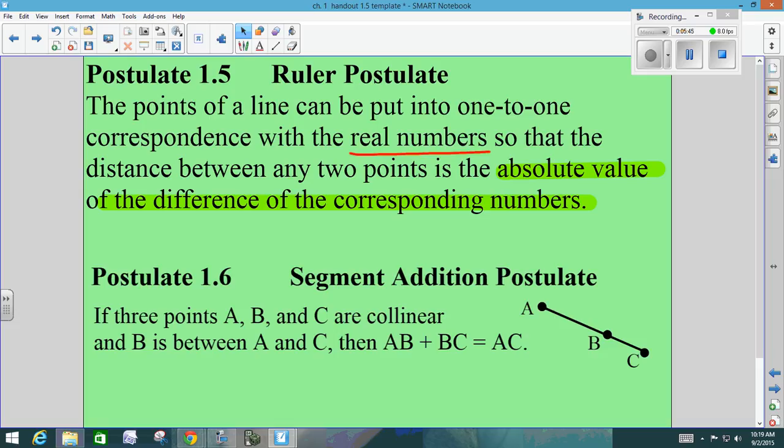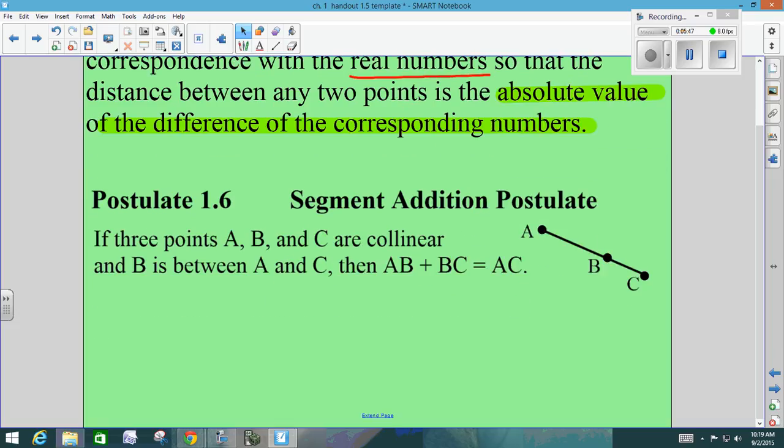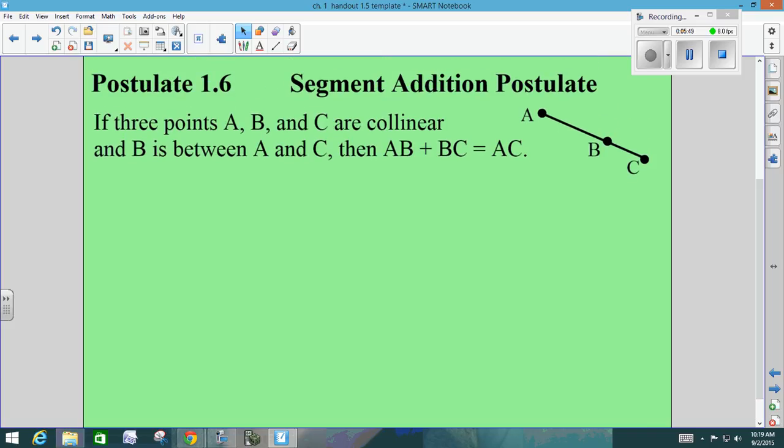Segment addition postulate. You will use this one until December, if not longer. It states, if 3 points, A, B, and C are collinear, what's it mean to be collinear? On the same line, and B is between A and C, so you have to have one of them between the other two, then I can say the length of AB, that'd be this first portion, plus the length of BC, the second portion, equals the length of AC, the whole thing.